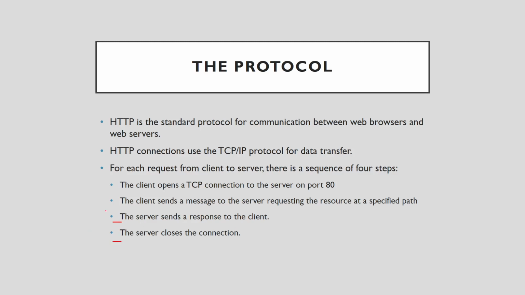So this is the basic HTTP 1.0 procedure. In HTTP 1.1 and later versions, multiple requests and responses can be sent in series over a single TCP connection. That is, steps 2 and 3 can repeat multiple times in between steps 1 and 4.